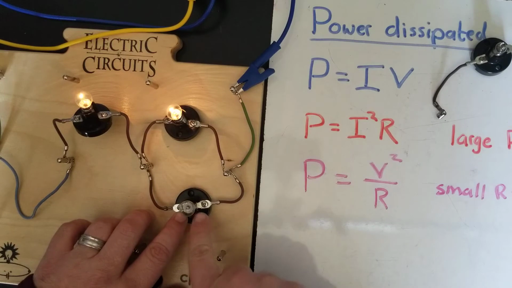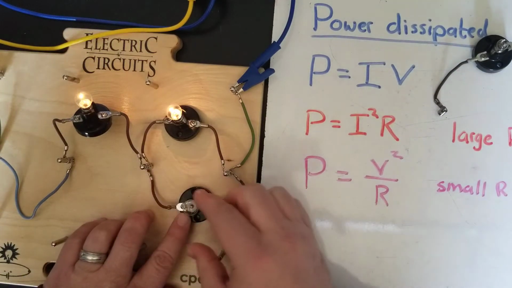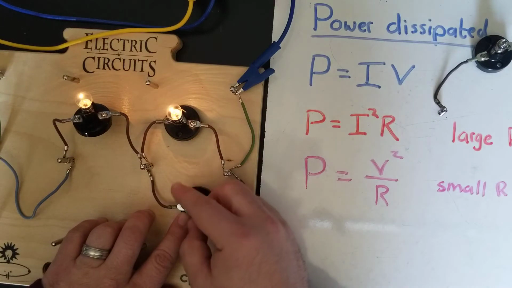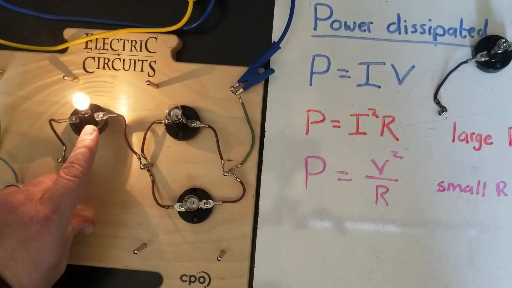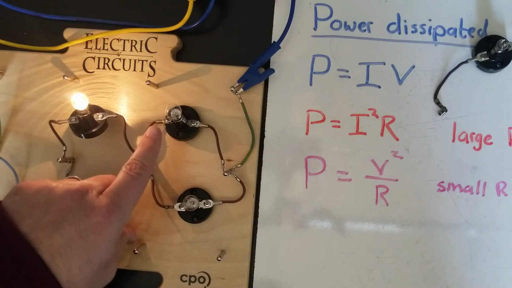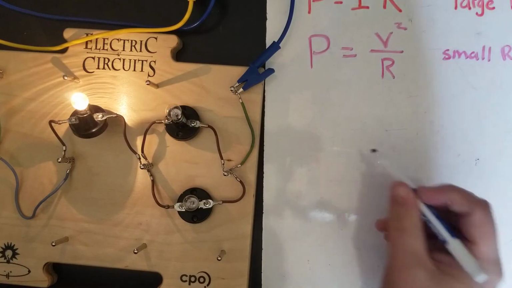So by removing this one from the circuit, now I'm just back to that simple series circuit I was at a few seconds ago. When I screw it back in, that light bulb got brighter, and this one got dimmer. And so the circuit that we're looking at here, we'll draw it real quick.